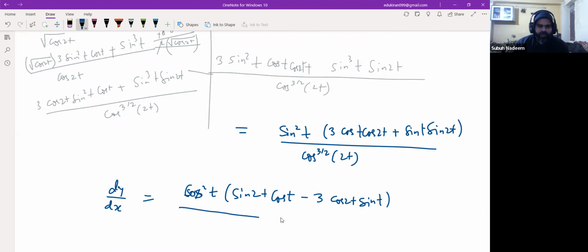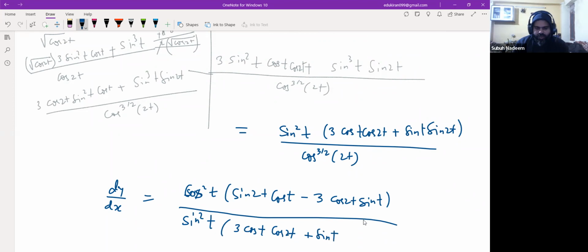And in the denominator, we have sine square t into 3 cos t cos 2t plus sine t sine 2t. So this is the final answer.